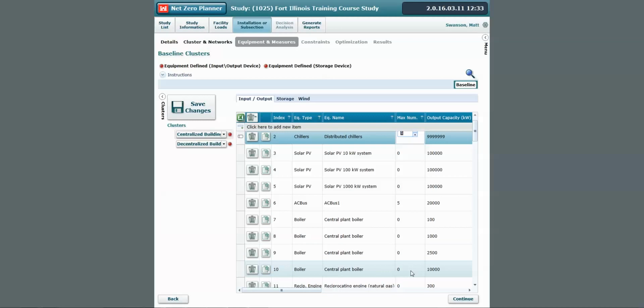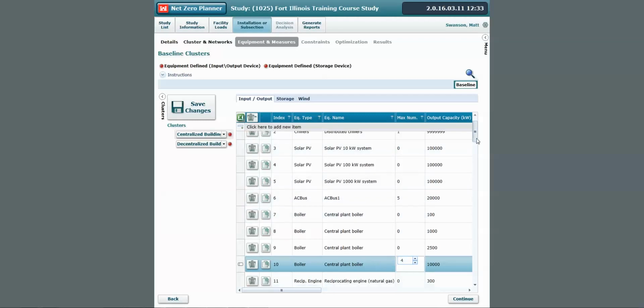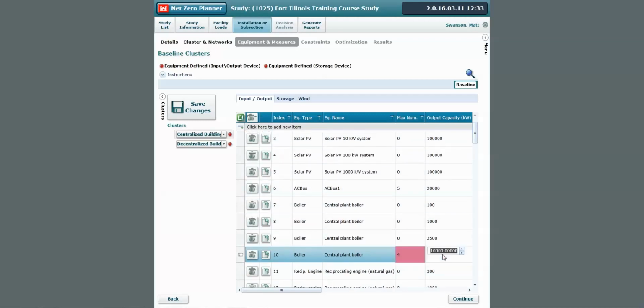So in going through the central plant for these buildings, we're able to determine that there are 4 of these central plant boilers that are approximately this output capacity, this 10,000 kilowatts. Now, most central plants that you go to, they're not going to tell you the output capacity in terms of kilowatts, but they'll tell you it in terms of something that can be converted to kilowatts.